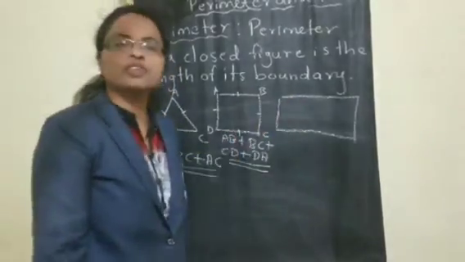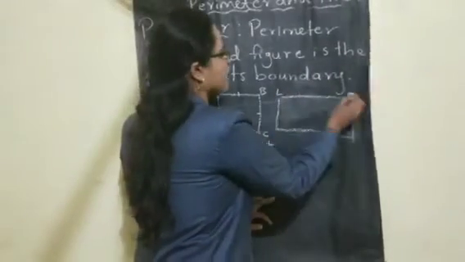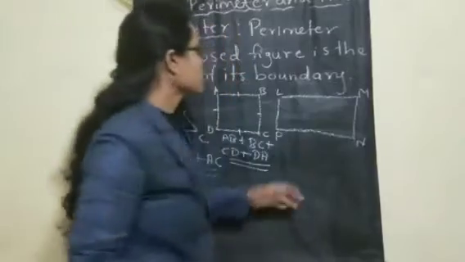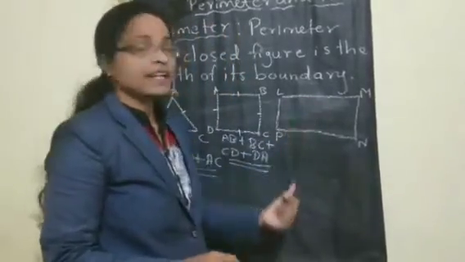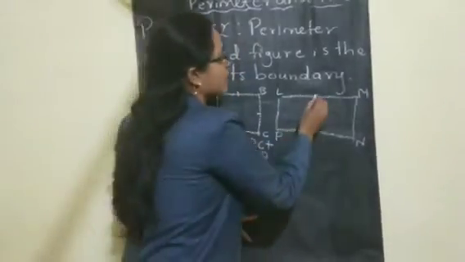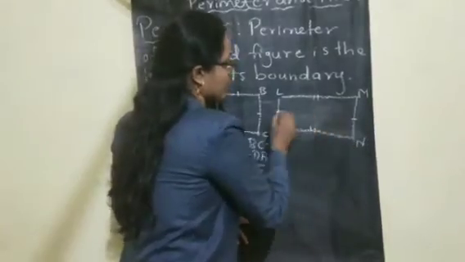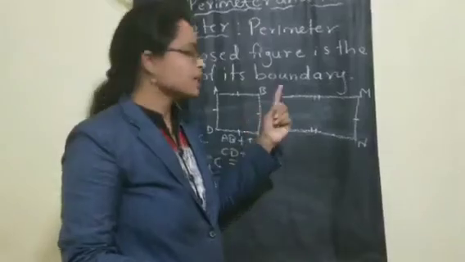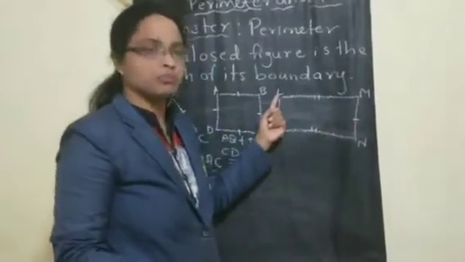In a similar way for the rectangle, children, L, M, N and P. You know that in a rectangle, opposite sides are always equal. You have to keep that in mind. Now, for the perimeter, here also it is only the addition of the boundary.